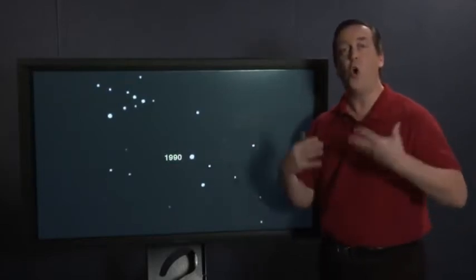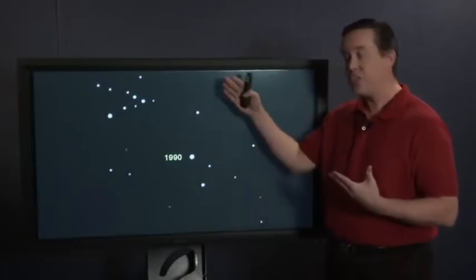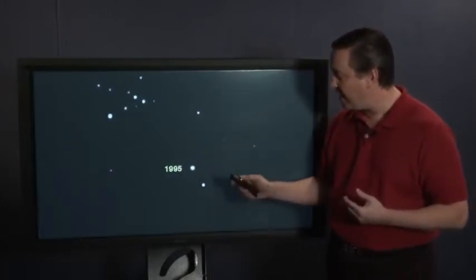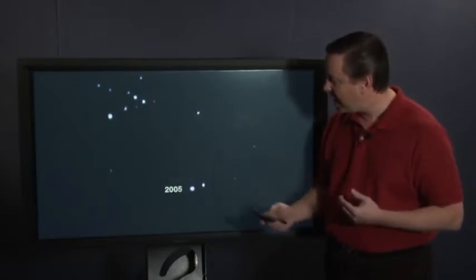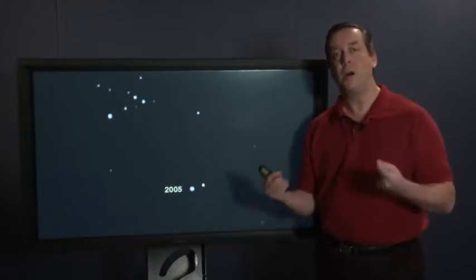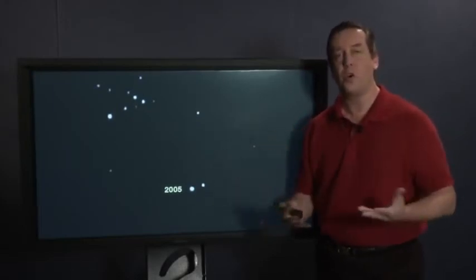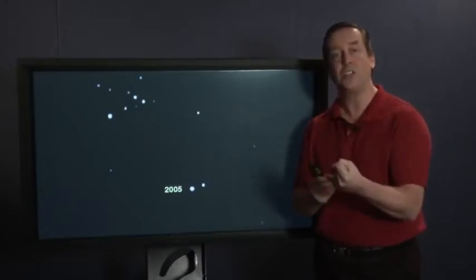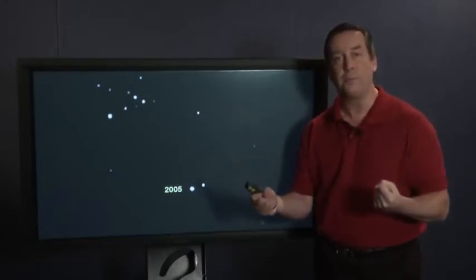It moves over the course of a human lifetime a considerable amount on the sky. And here's where it was in 1995 and 2000 and 2005. We can measure the motion of Barnard's star over a course of a decade or so and measure the relative motion between our sun and Barnard's star.